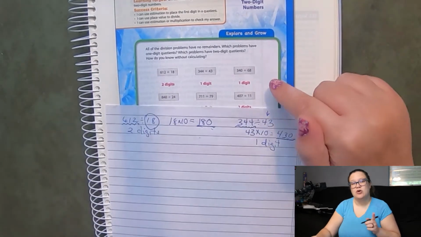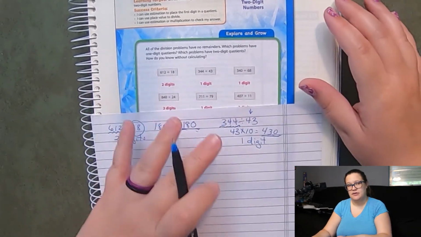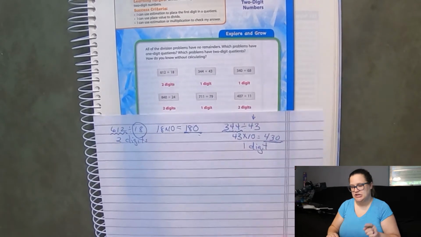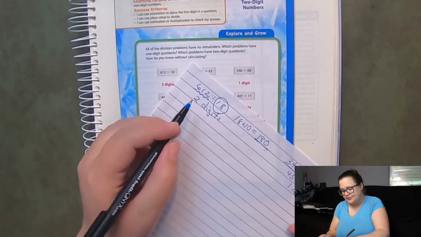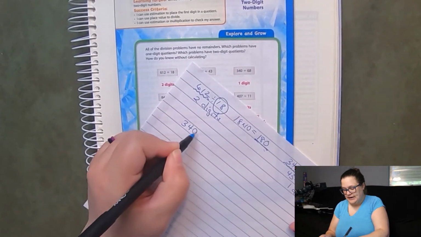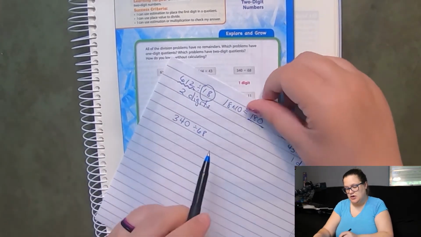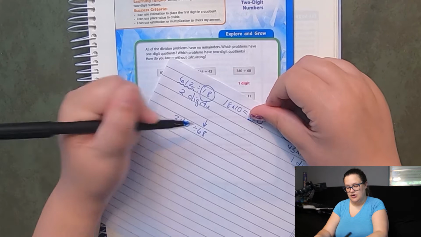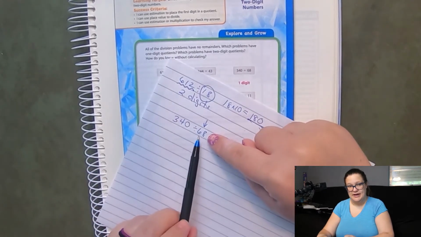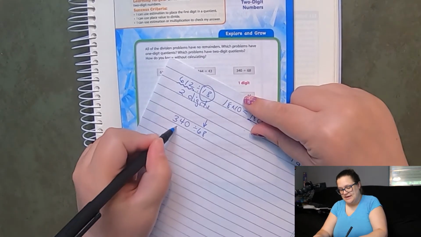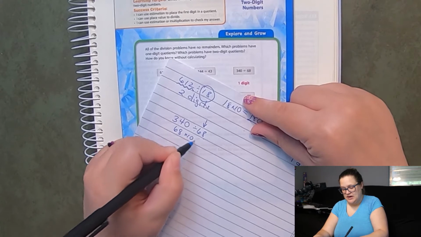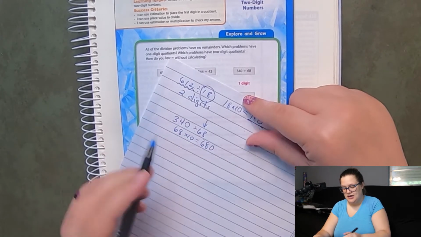I'm going to do one more with you, and then I'm going to let you do these bottom 3 on your own. So pay attention, hopefully you're catching on. 340 divided by 68. We take the number doing the dividing and multiply that by 10. 68 times 10 is 680.